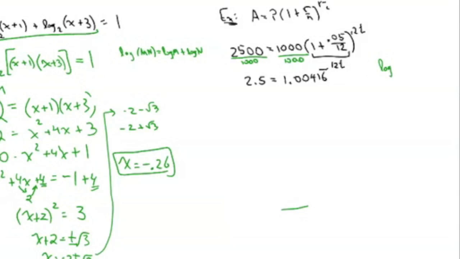Log of m raised to a power is equal to the power times log of m. A logarithm, you can yank a power and put it in front of it. It's number 5 in the properties of logarithms. It's actually the third property, but I put 2 others ahead of it.